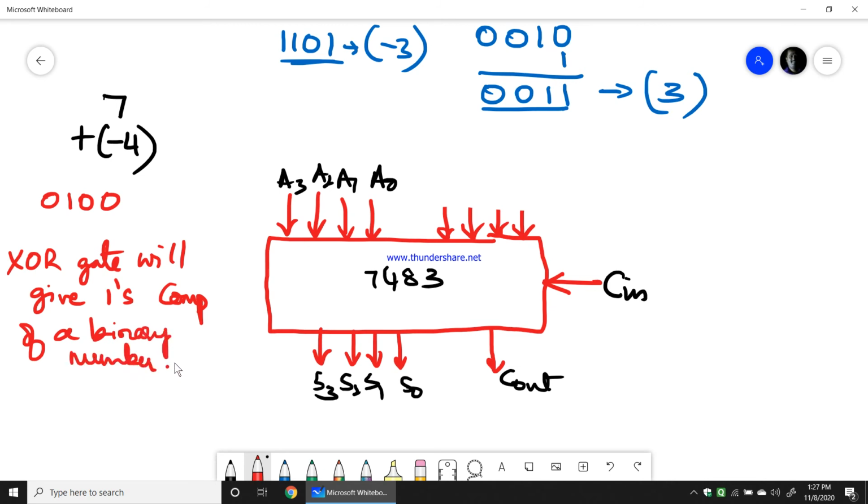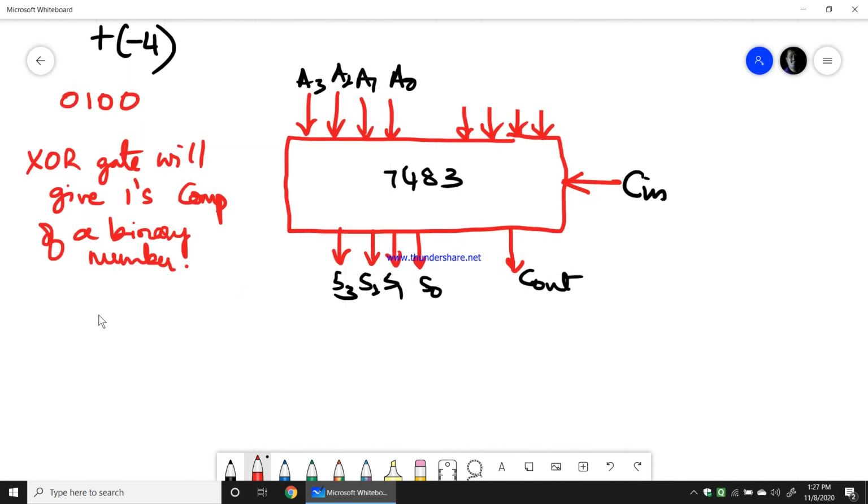So how is that? If I have 0 1 0 0, the XOR gate will give the 1's complement of a binary number if, I'll first write the statement completely, if the number is XORed with all ones.